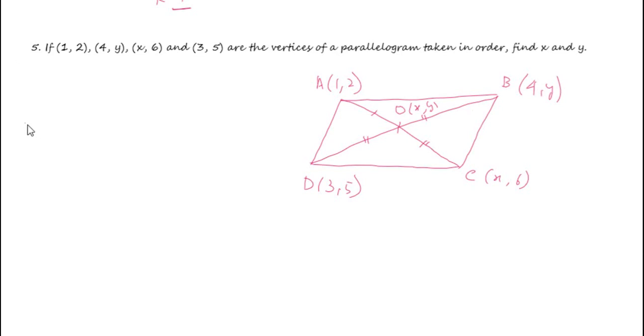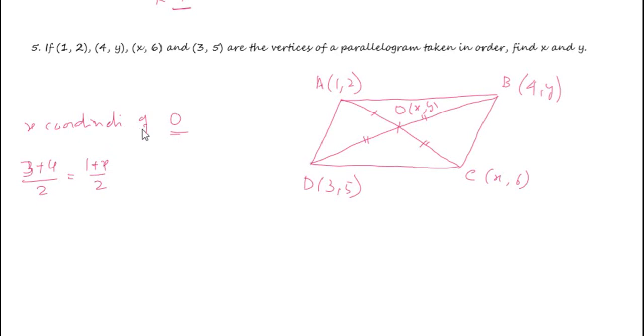Now x coordinate of O equal to (x1 plus x2) by 2, that is 3 plus 4 divided by 2 because it is the midpoint, and also it is 1 plus x divided by 2.